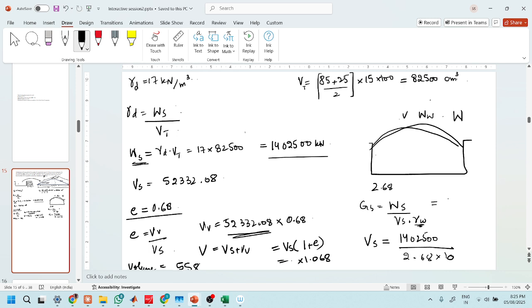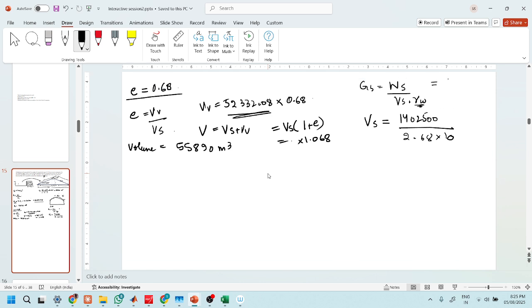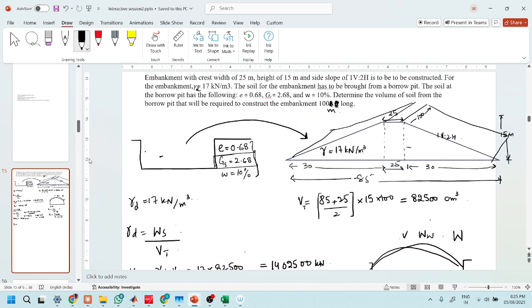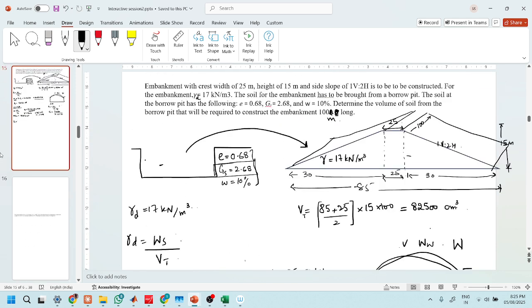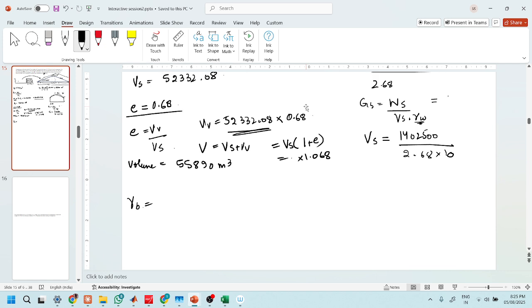But to think of it more intuitively, what we can do is find the gamma bulk here. Do you know the e, G, and w?